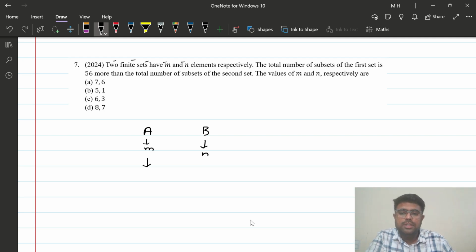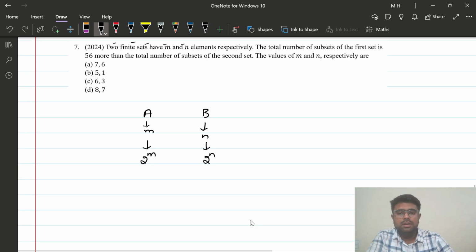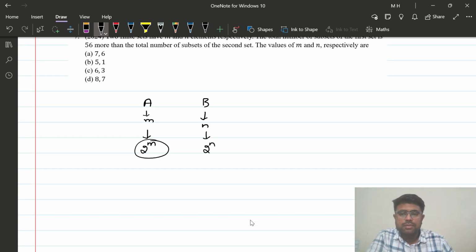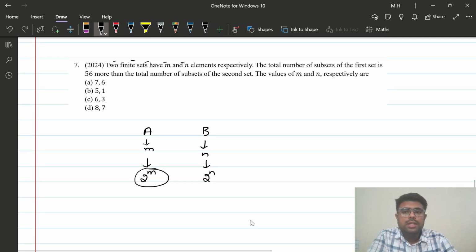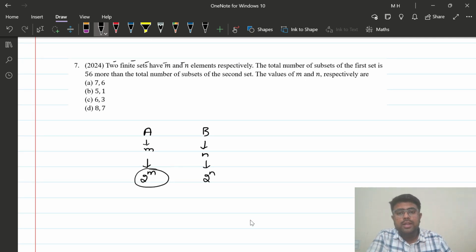So the total number of subsets are going to be 2 raised to m for A, and 2 raised to n for B, right? So what does it say? The total number of subsets of the first set is 56 more than that of the second set.